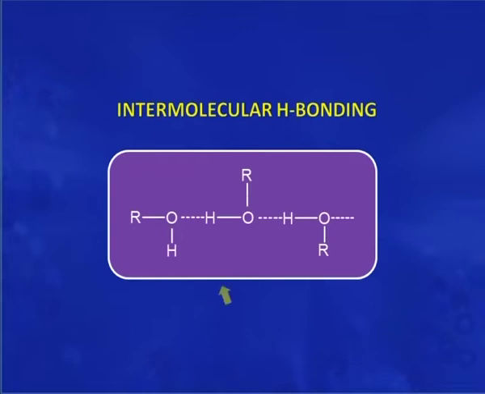We will now discuss intermolecular hydrogen bonding. Since in alcohol oxygen is attached to hydrogen, and oxygen is electronegative while hydrogen is less electronegative as well as very small in size, poles are generated between the O and H bond. As a result, the oxygen of one alcohol molecule attracts the hydrogen of another alcohol molecule, resulting in the formation of a hydrogen bond.